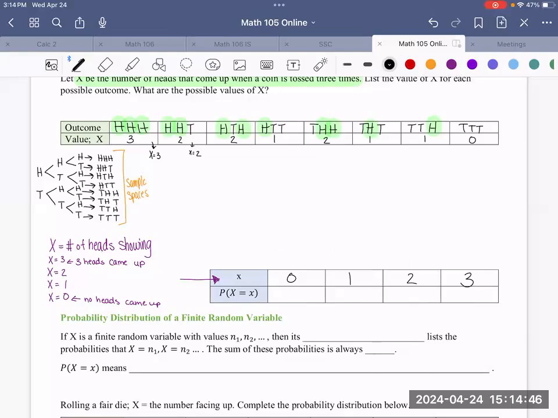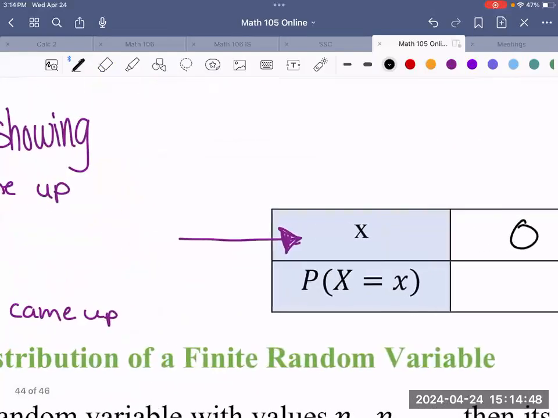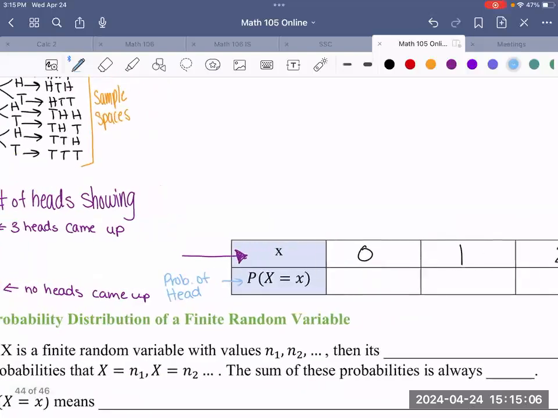I would actually pause the video if these X values are the number of heads showing. Then this is going to be the probability of the heads occurring. So 0, right?